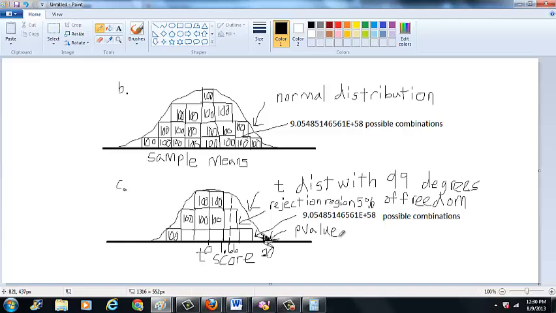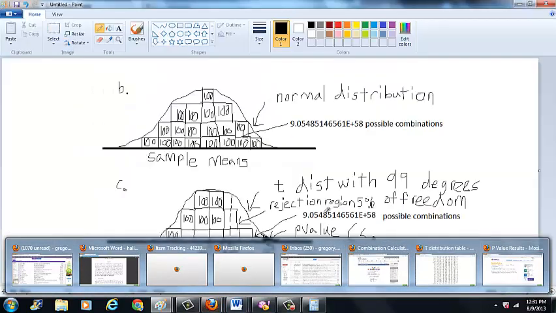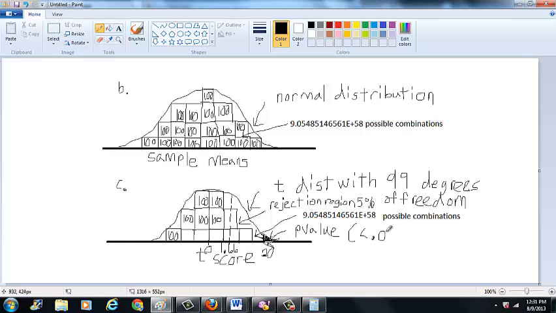And if that's what the calculator says, put a less than sign and then put 0.0001. So the percent of samples that are in this area out here is actually a very small percent.